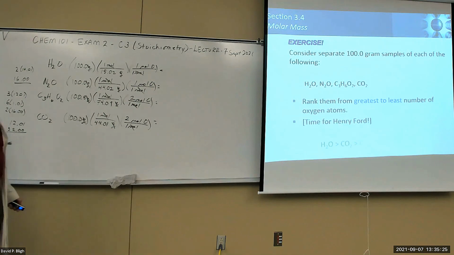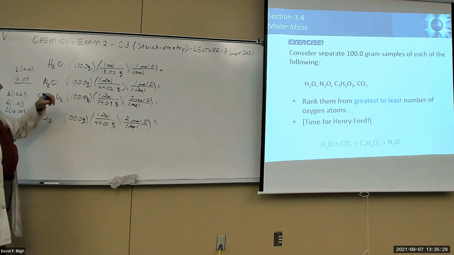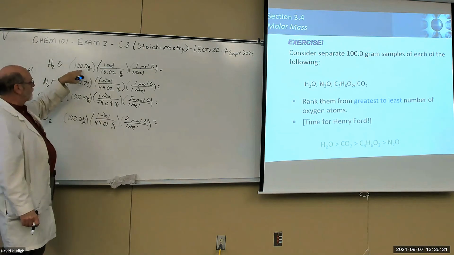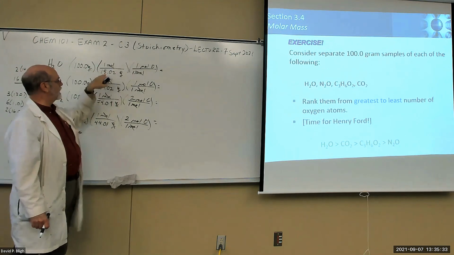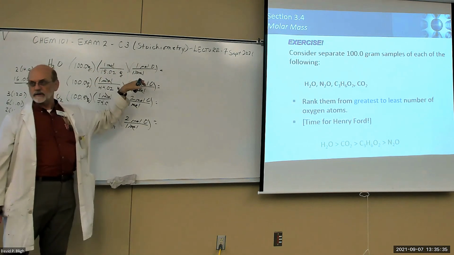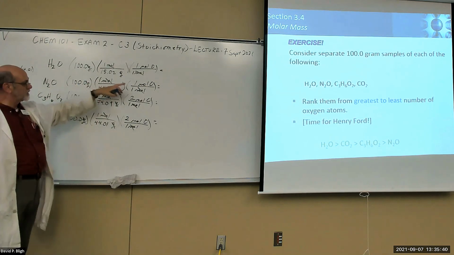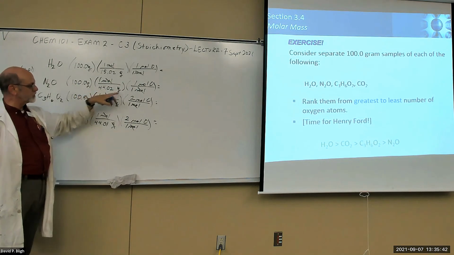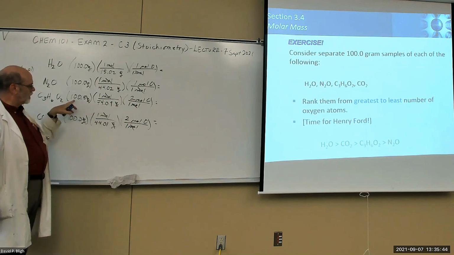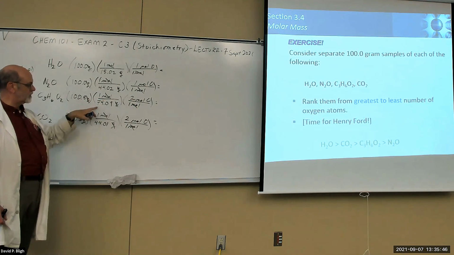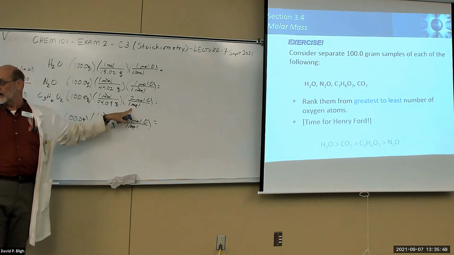So I'm not going to crunch numbers. If you do those calculations, in my calculator, I say 100 times 1 times 1 divided by 18.02 divided by 1. In that sequence. 100 times 1 times 1 divided by 40.02 divided by 1. Or 100 times 1 times 2 divided by 74.09 divided by 1.